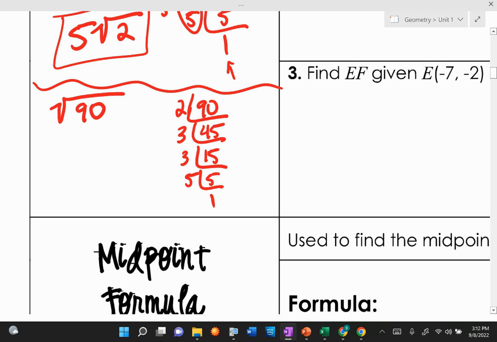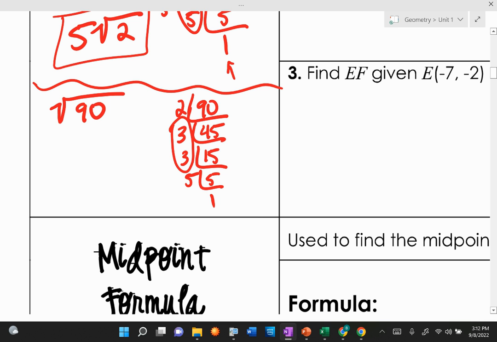Just so I can make sure we're all on the same page. I had 90. The process that I went through was I took out 2 first. That gave me 45. Then divided by 3 gave me 15. Divided by 3 again, which gave me 5. Then divided by 5 to give me the 1 at the end. Now I have a pair right here.